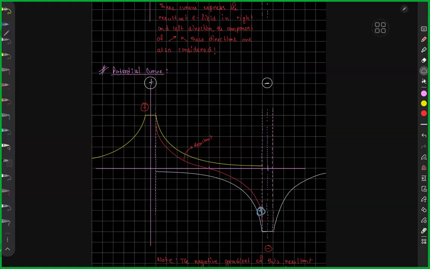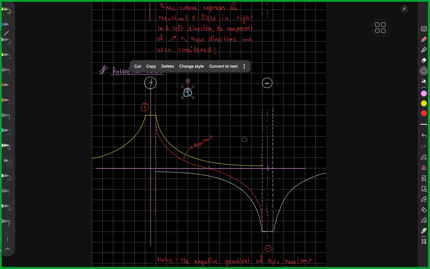Do we get the idea? Basically it's losing all of its energy going from here to here. So it's basically a loss of energy. That is the entire point. Any confusion till this point?